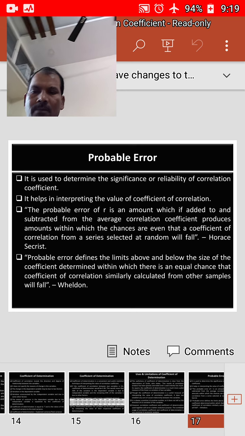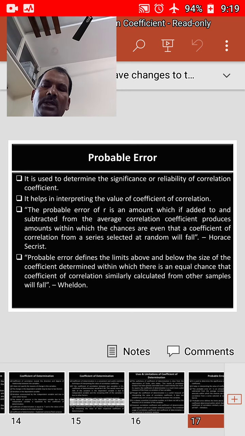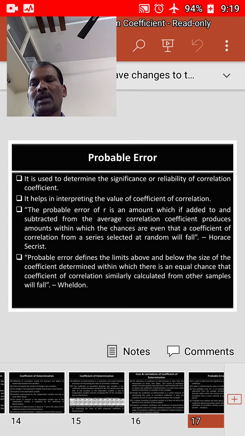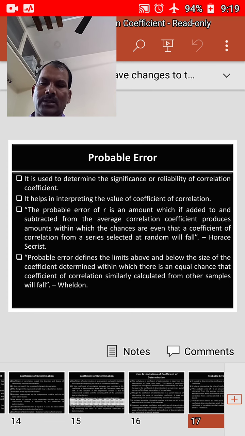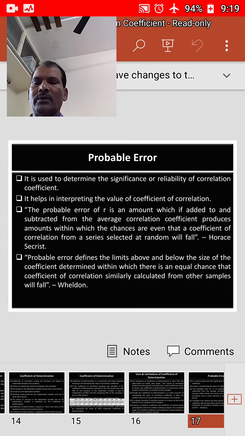And probable error: the reliability or significance of correlation is determined with the help of probable error. The probable error helps in interpreting the values of coefficient of correlation. According to Horace Sechrist, the probable error of r is an amount which, if added to and subtracted from the average correlation coefficient, produces amounts within which the chances are even that a coefficient of correlation from a series selected at random will fall.